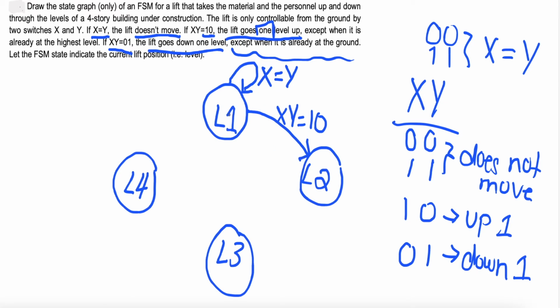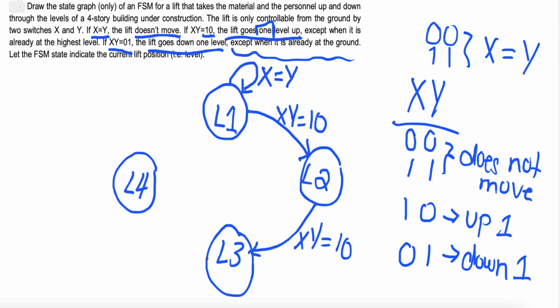So like I said, the way I like to do this question is by doing all the forward ones first. So when XY is 1, 0, the lift goes one level up, except when it is already at the highest level. So now we're at level 2. So when XY is equal to 1, 0, the lift goes one level up, right? As pertaining to the rule, 1, 0, up 1 for each level.